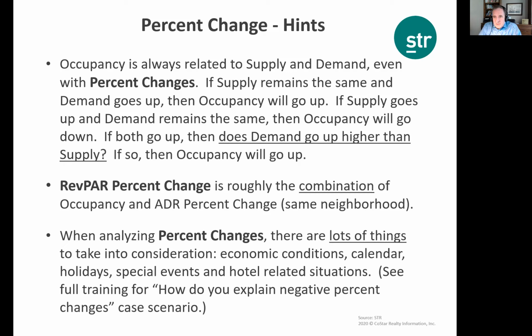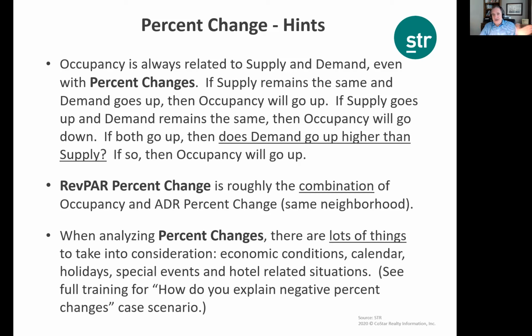And then finally, when analyzing percent changes, and that's part of what we'll be doing in the upcoming training, lots of things to take into consideration. Economic conditions. There are times where percent changes are going to be negative. It's obvious. If we're in a downturn, everybody knows percent changes are going to be negative. Calendar holiday. If Easter falls in one month one year and a different month another year, you can expect the percent changes to be negative.